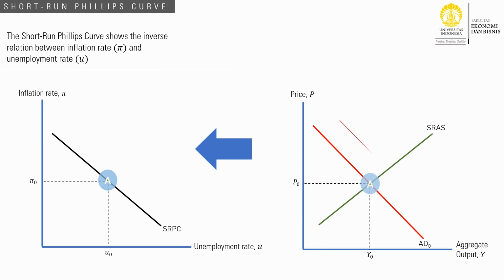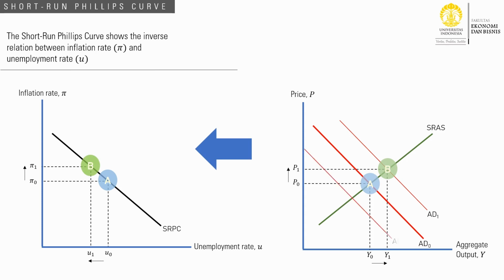When aggregate demand is higher at AD1, the higher levels of price and output at equilibrium point B imply the higher inflation and the lower unemployment at point B in the SRPC. By contrast, when aggregate demand is lower at AD2, the opposite occurs. Inflation now is lower, while unemployment is higher.